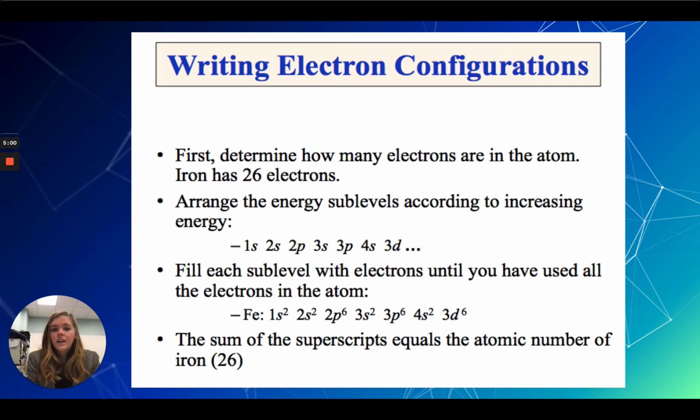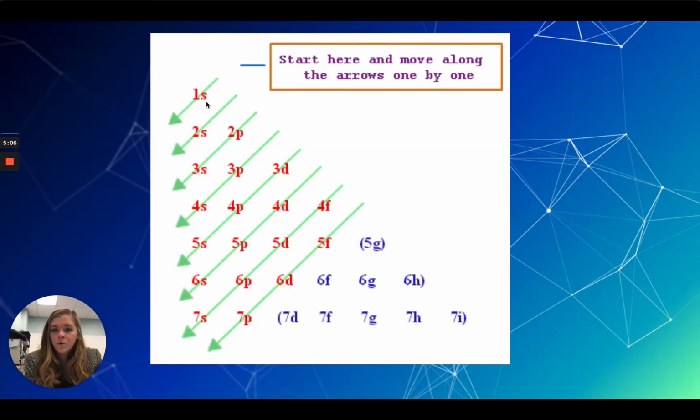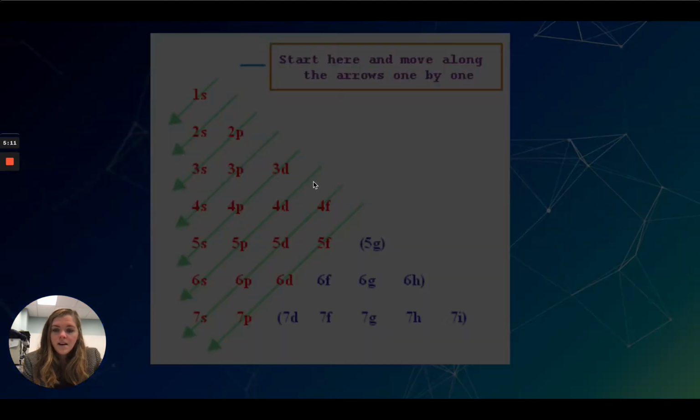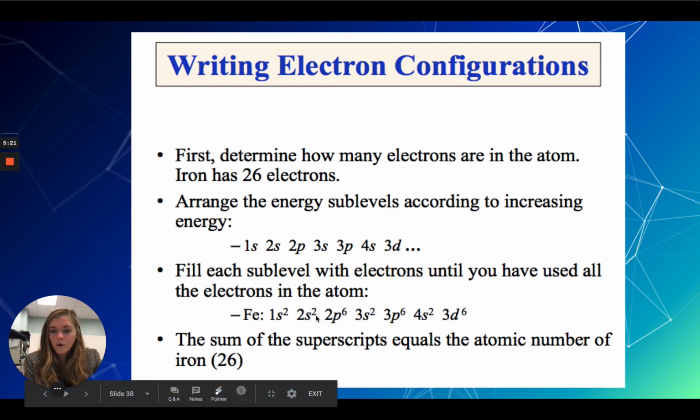Okay, you're going to arrange the energy sublevels according to increasing energy. Like we showed you in this slide, you're going to write them out as 1s, 2s, 2p, 3s, 3p, 3d, and so forth. Each sublevel can be filled with different amounts of electrons. This is what we haven't gone over yet. Different orbitals can hold different amounts of electrons.